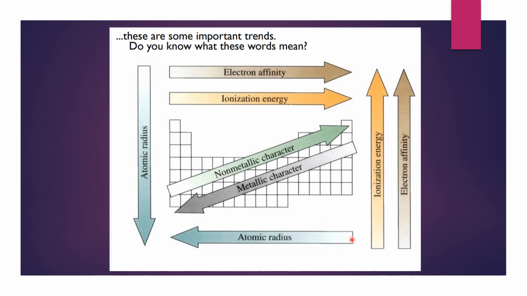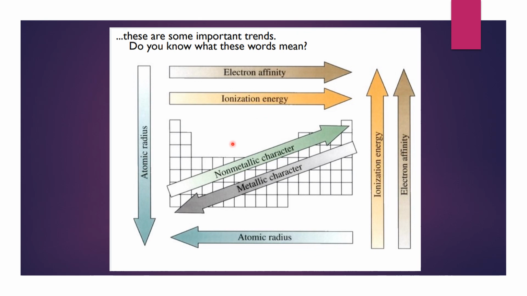The next is ionization energy, which increases in periods whereas in groups it decreases. The next is electron affinity, which also increases in periods.